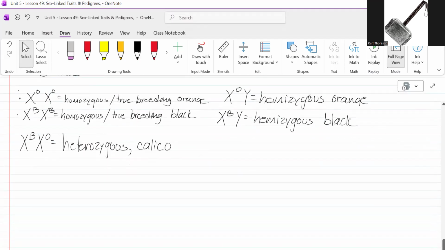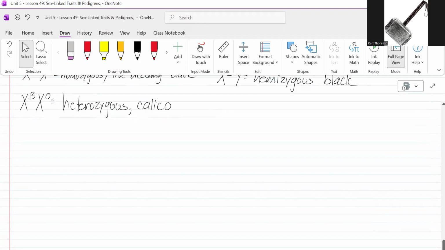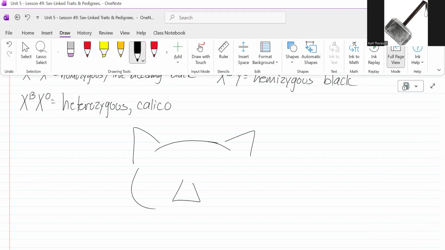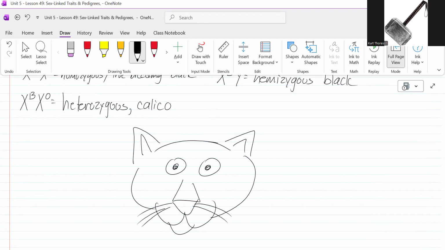But here's the trick, guys. This is where we're going into codominance. So I'm going to draw a little cat's face here. Don't laugh at my cat. Okay. Put some whiskers on this guy. There we go. Now, this is where it gets interesting.